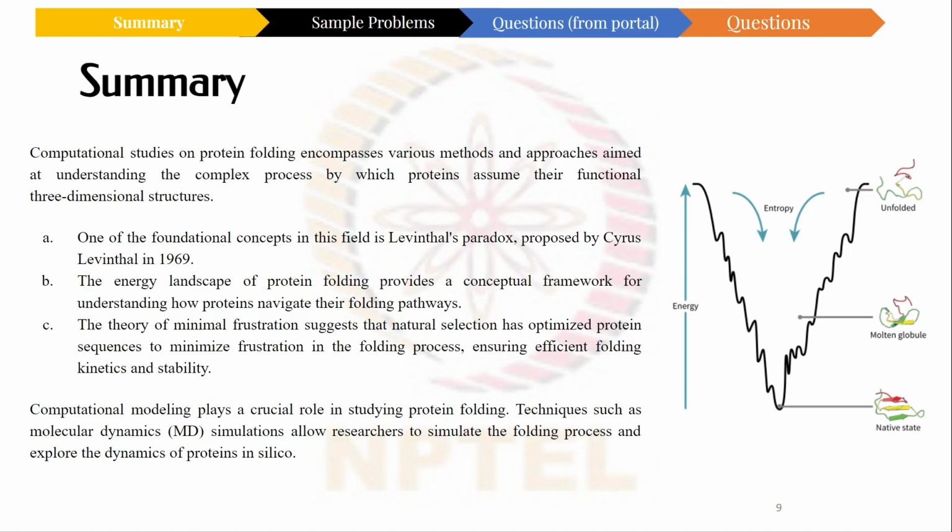So we have some computational projects such as Rosetta and Foldit, which aim to crowdsource the computing power for protein folding simulations. These projects contribute to our understanding of protein folding and facilitate the development of new computational methods.